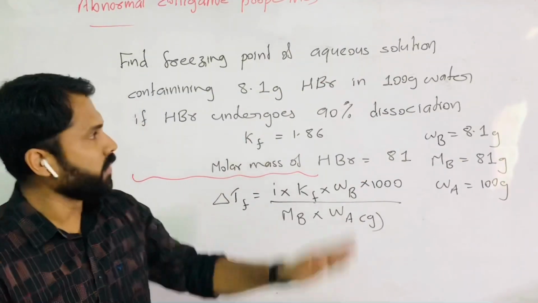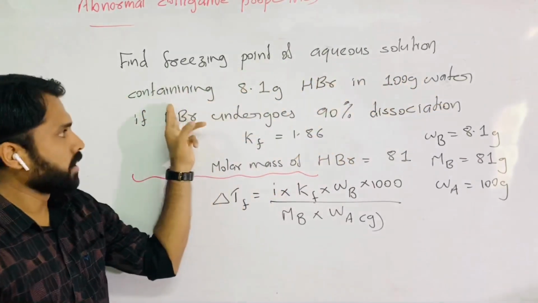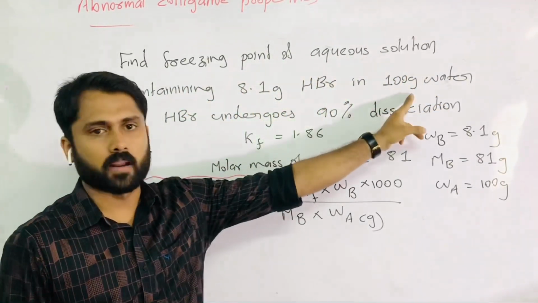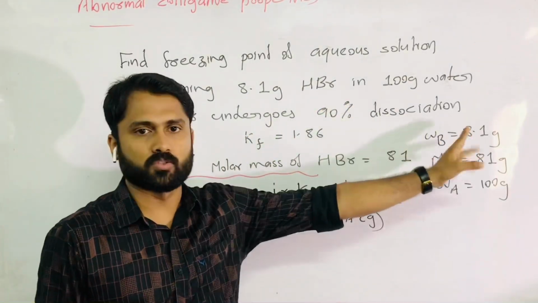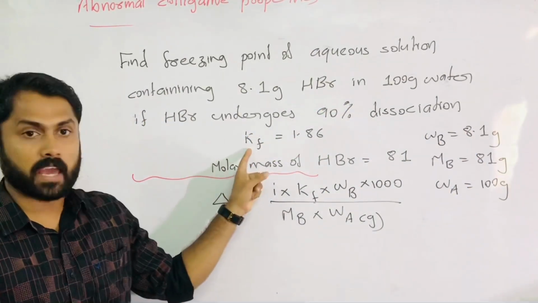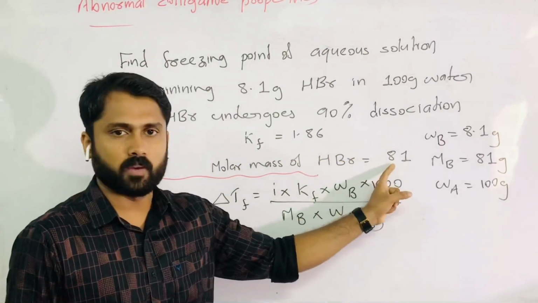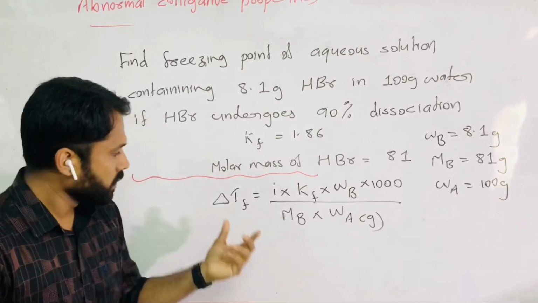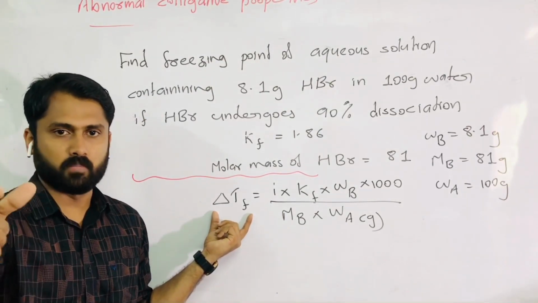Okay, now we are solving a problem. Find the freezing point of aqueous solution containing 8.1 gram HBr in 100 gram water if HBr undergoes 90% dissociation. Kf value is given as 1.86, molar mass of HBr equal to 81. To determine freezing point, we have to calculate depression in freezing point.